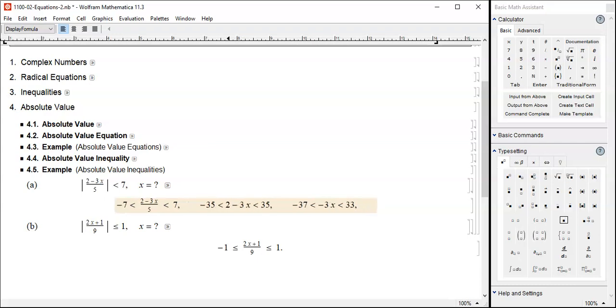Finally, divide by -3, -37 divided by -3, 33 divided by -3. We have double negative here, so these become positive, and this one stays negative. But then again, it's customary to have smaller number on your left, larger number on your right.